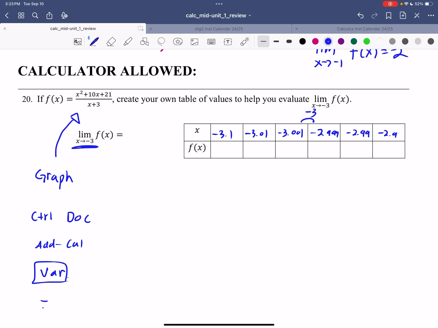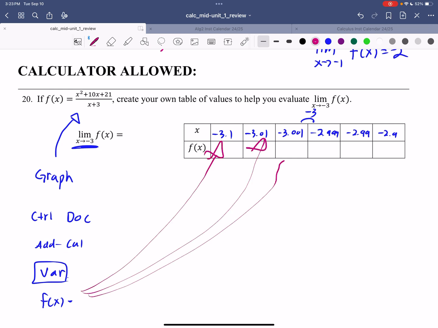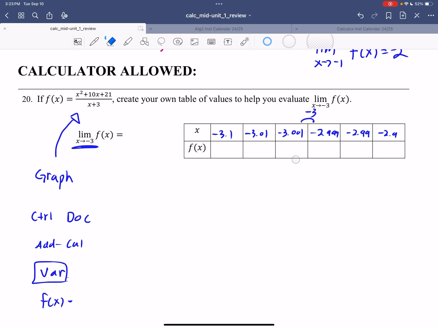And if you click variable, you can put f of x. And after this, you're going to put every single number in here and see what you get, okay? Since you don't have a calculator, I cannot show it to you, but what I can show you is this is what you're going to get. And this is what you're going to get.